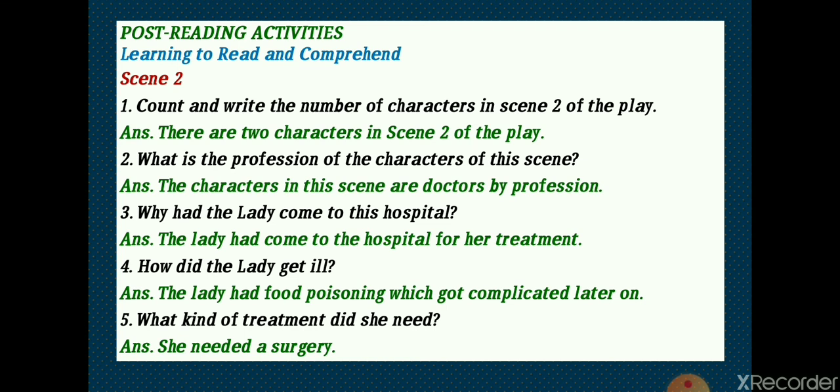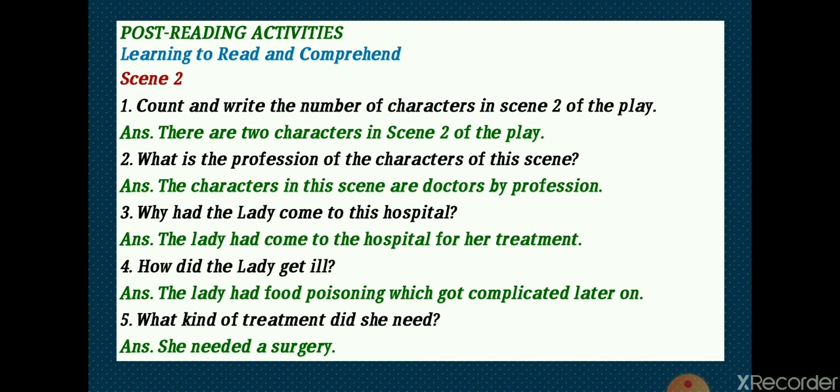It was described by one of the doctors that the lady had food poisoning, which got complicated later on, and all the doctors of a local area had referred her to this big and expensive hospital because her case was not simple, it was complicated. Number 5. What kind of treatment did she need? Dr. Brown had said that she needed a surgery.